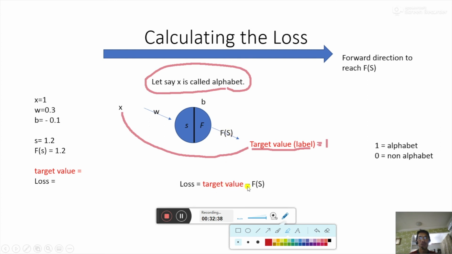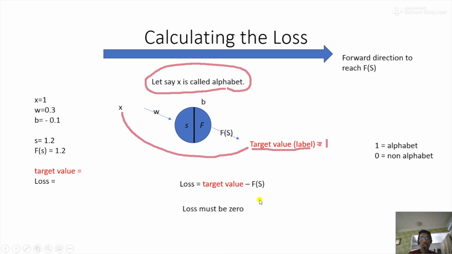So target value minus Fs, and the result, whatever the value is, is called loss. And loss must be 0. So target value minus Fs must be 0.